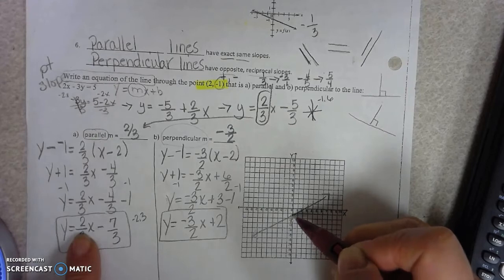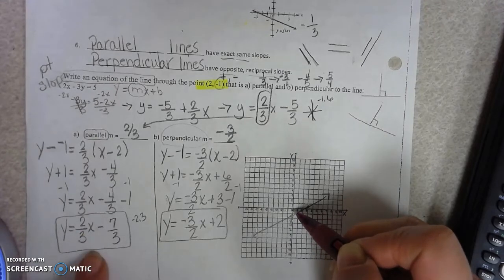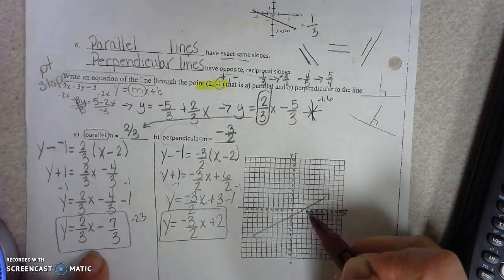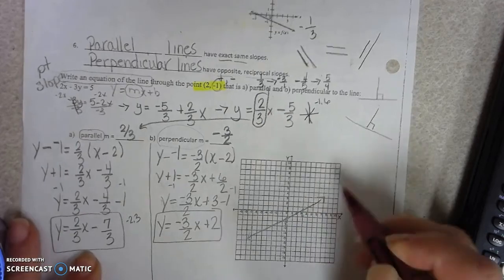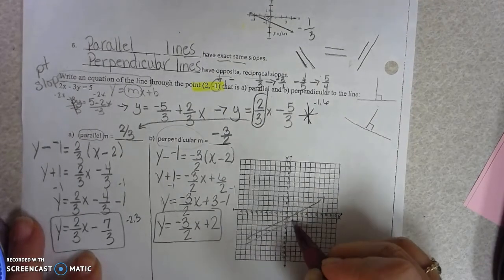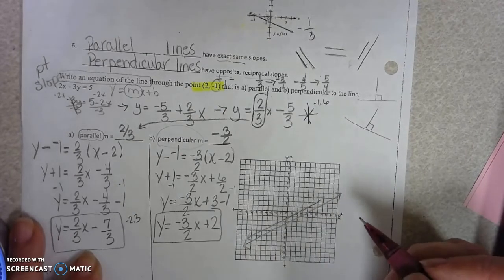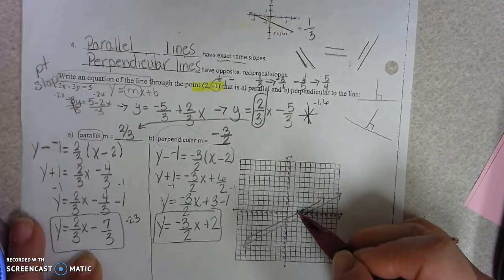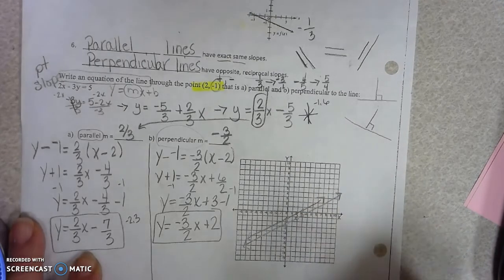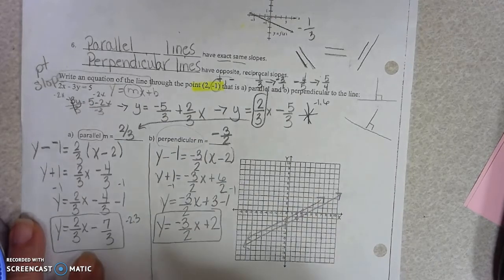And go up 2 and over 3. So there is the parallel line. Does it go through the point (2, -1)? Yes, it does. Right there through the point it said.